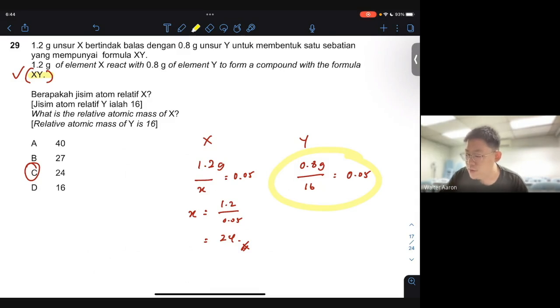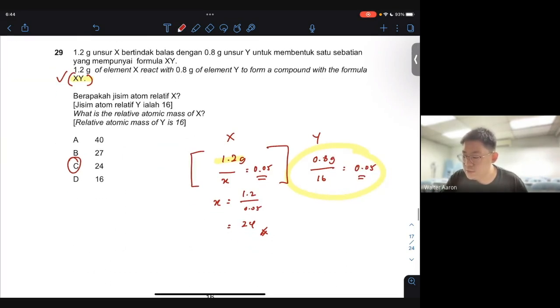I know that X is 1.2 grams, and because it's a 1-to-1 ratio of atoms, the number of moles will be the same, 0.05 and also 0.05. By using this, we can work out X, and I found that X is supposed to be 24. So the answer is C.